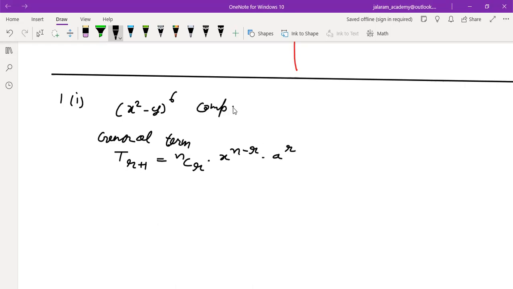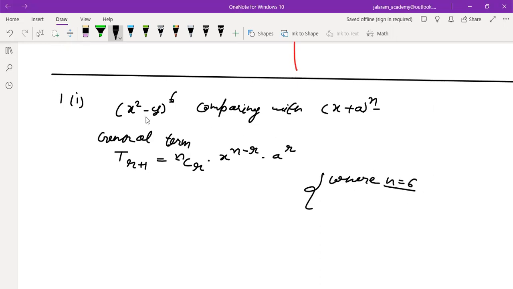When we compare it with (x + a)^n, look at this: n equals 6, x equals x², a equals minus y.